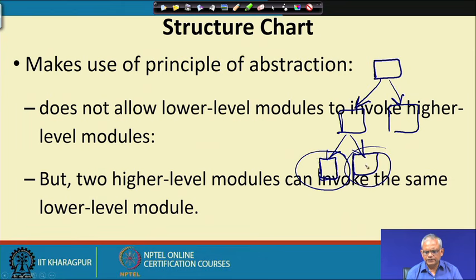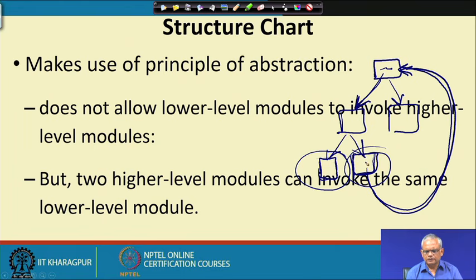But just imagine that if we have a back arrow here, this will violate the principle of abstraction, and a lower level module is calling a higher level module. Therefore, understanding this design will be difficult, because when we try to understand this one, we see that we need to understand the one that it calls, and then the one that it calls, and we will end up just going round and round. The same thing happens while debugging.